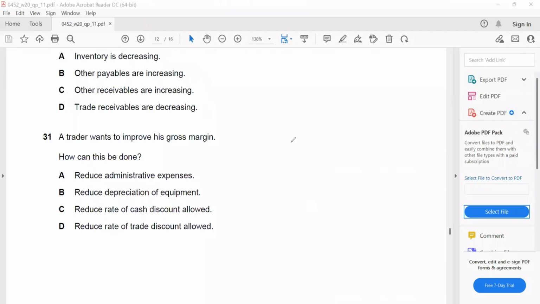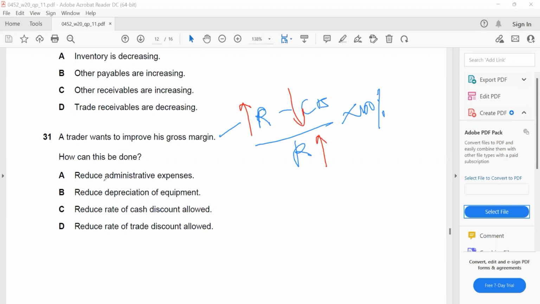31. A trader wants to improve his gross margin. How can this be done? Gross margin is revenue minus cost of sales, divided by the revenue, times 100%. So to increase it, this one should be increased and this one should be decreased. Reduce administration expenses: this is an expense, nothing to do with the gross profit margin.